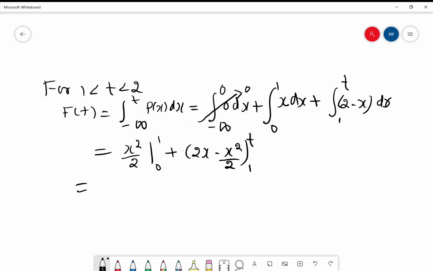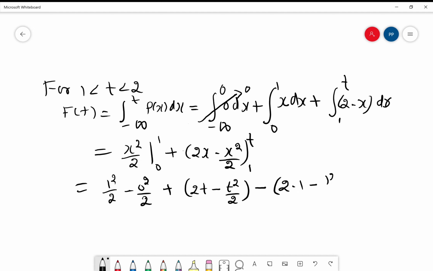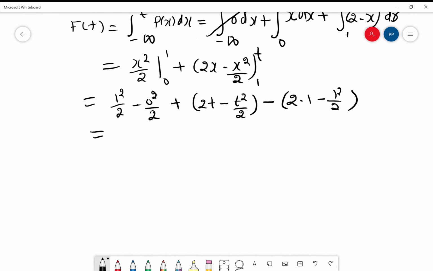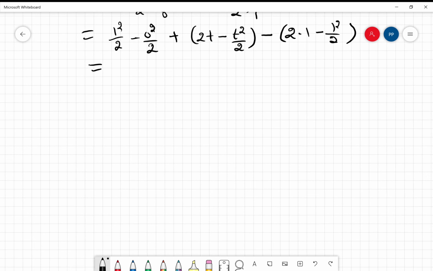If you take the limits, you are getting 1 squared by 2 minus 0 squared by 2, plus, putting x equals the upper limit, 2t minus t squared by 2, minus, now put x equals 1: 2 into 1 minus 1 squared by 2, which simplifies to 1 by 2.